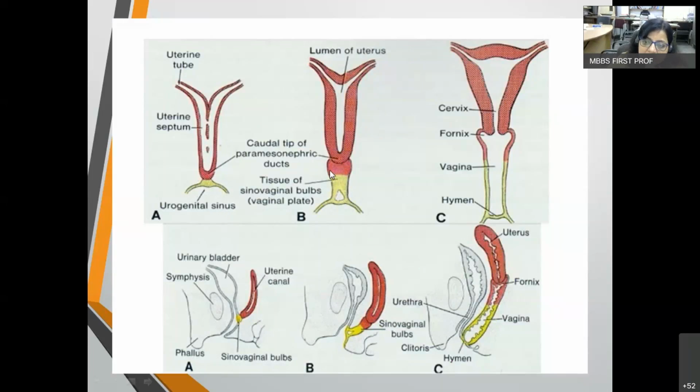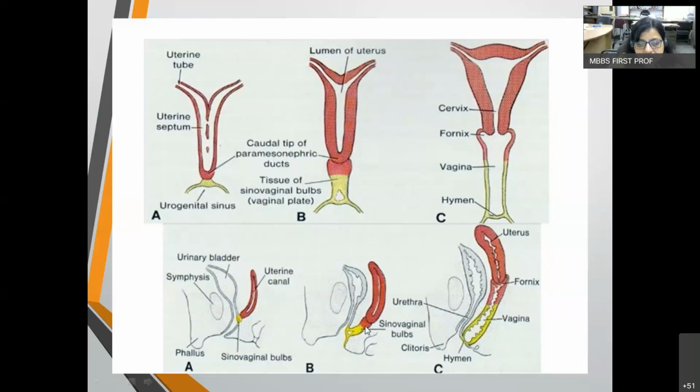Canalization occurs because of cell death, and a large cavity is formed in it. Now, at the terminal end of vaginal plate, there is a membrane-like structure that is closed. At birth, this opens, and this is the hymen. This is a side view showing you the uterus along with the developing vagina.